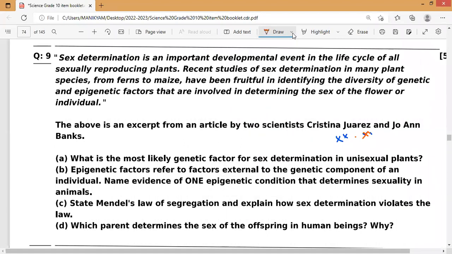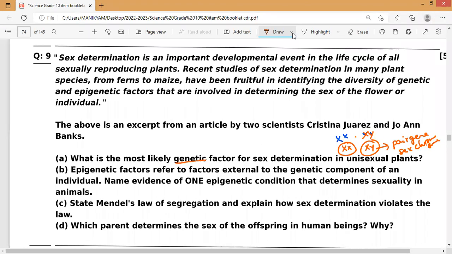So that sex gene is what we call sex chromosomes. If it is either male or female, how will we decide? If XX cross, we get female. If XY cross, we get male. That is a pair of genes, which we call sex chromosomes. Yes or no, guys? Please respond. The same thing applies here.